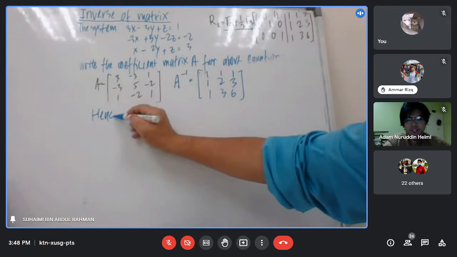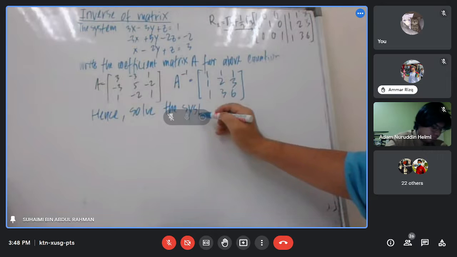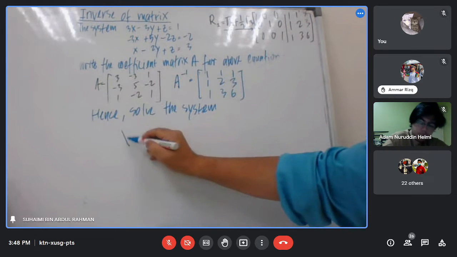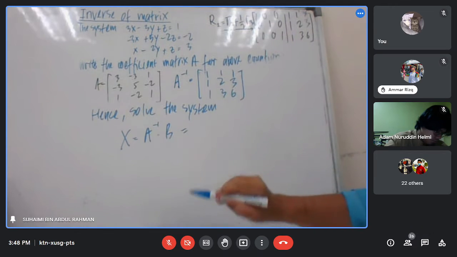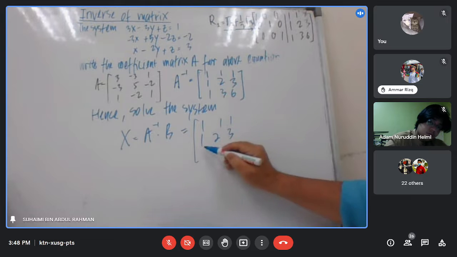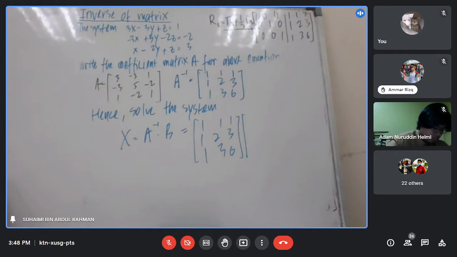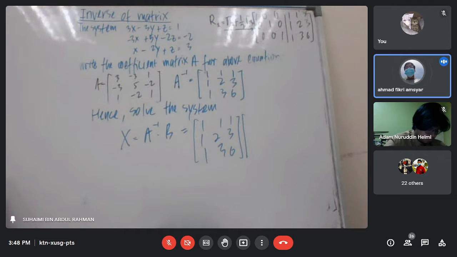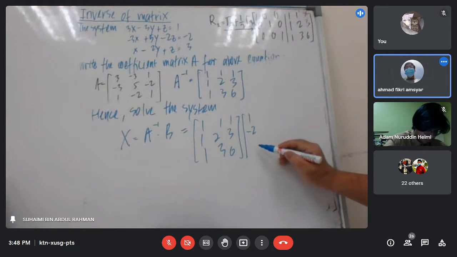Hence, using the inverse, solve the system. So, X is A inverse B. A inverse is 1, 1, 1, 1, 2, 3, 1, 3, 6. B is, what is the matrix of B? 1, -2, and 3.